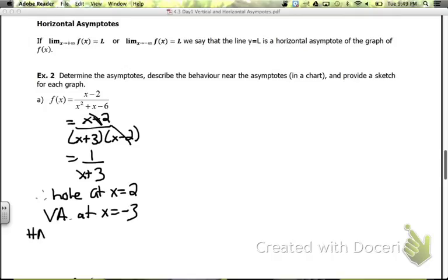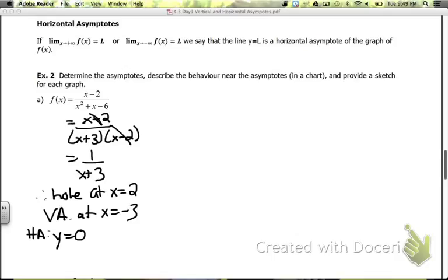Now talking about our horizontal asymptote, you can go ahead and actually do the limit, or you can use the fact of our three cases. You notice here that the degree of the numerator is less than the degree of the denominator. When this happens, we know that we have a horizontal asymptote at y equals 0.